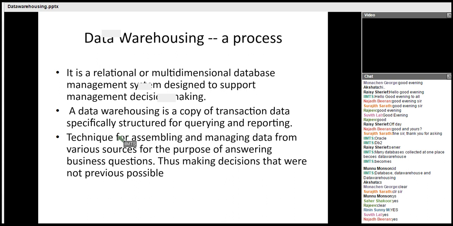Based on that data, they will analyze, and it will help them in decision making for the company's future. So for that, they want to query the data. They want to have the data stored at one place, and not only store it, they want to retrieve it. Suppose I want to know how much business my company did in 2002.